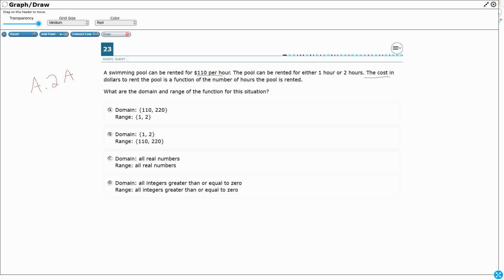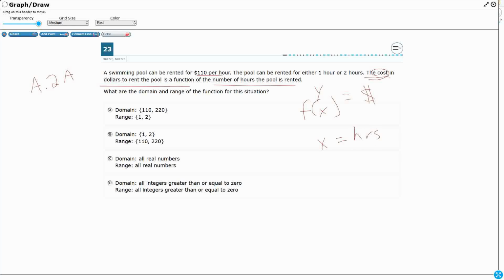So when we say the cost in dollars is a function, that's going to be our f of x, or what we think of as our y, right? It's going to be the dollars, because we're trying to label our variables here, and a function of the number of hours. And so that's going to be our x, which makes sense.